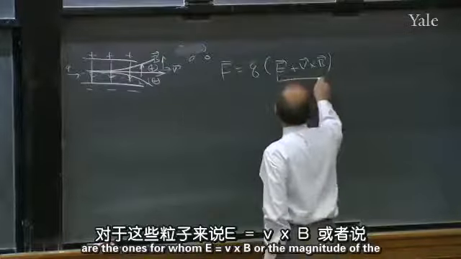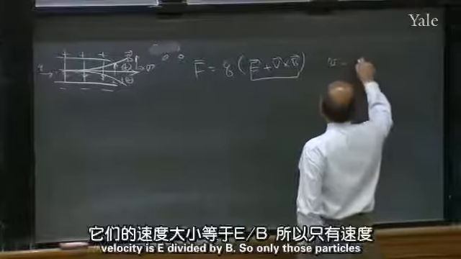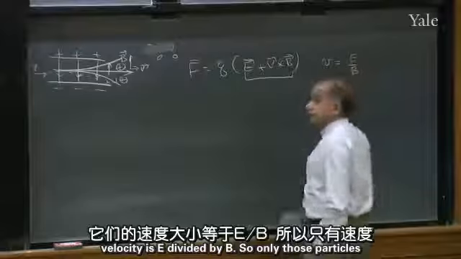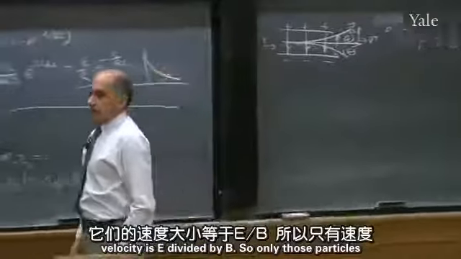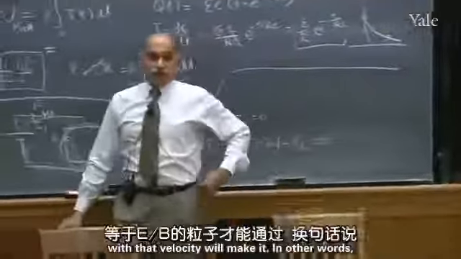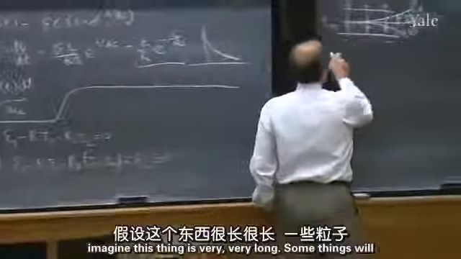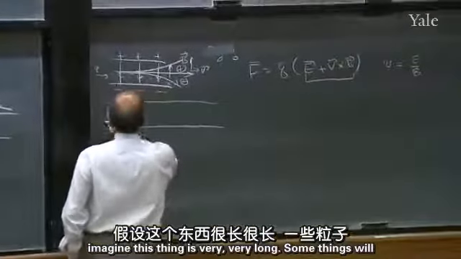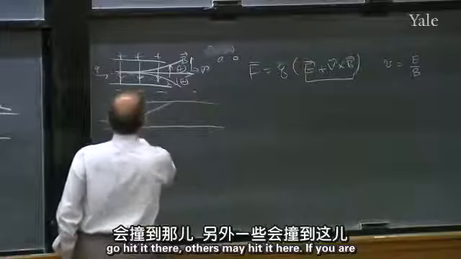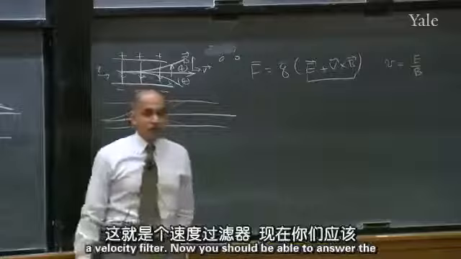They are the ones for whom E equals V cross B, or the magnitude of the velocity is E divided by B. So only those particles with that velocity will make it. In other words, imagine this thing is very, very long. Some things will hit it there, others may hit it here. If you're just right, you will make it to the other side. So it's a velocity filter.